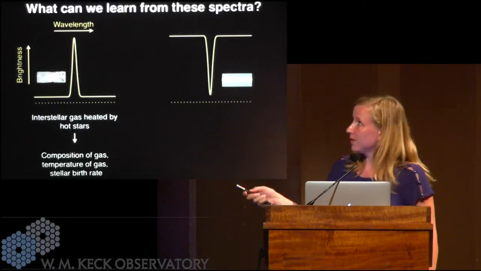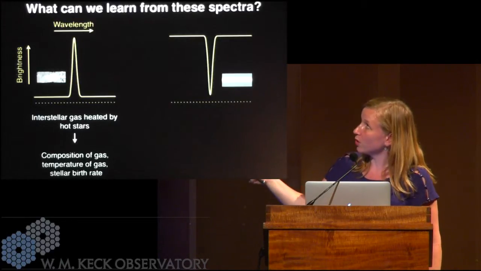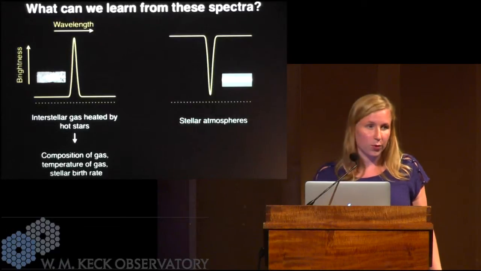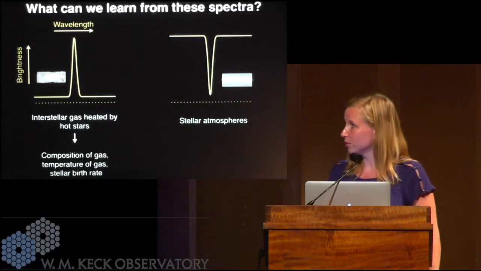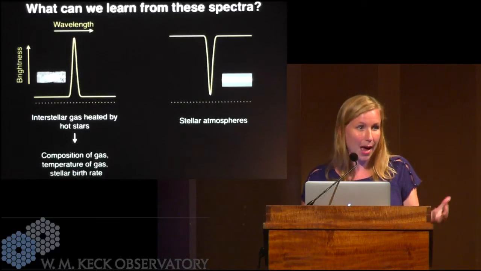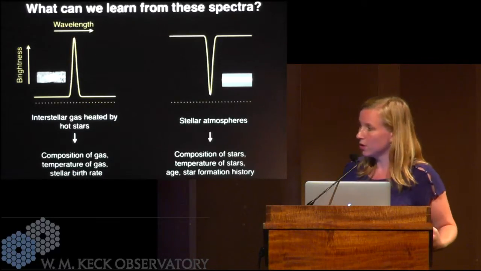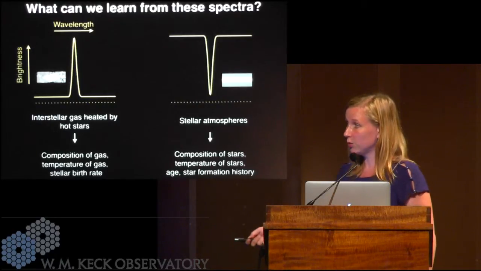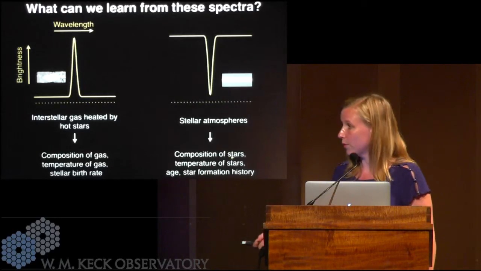So the nice thing here is that this light all comes from stars. And these absorption features actually come from stellar atmospheres. And again, that is also telling us a lot about what's happening in these very distant galaxies. So now we can not only know about the composition of the gas, we can also learn about the composition of stars.